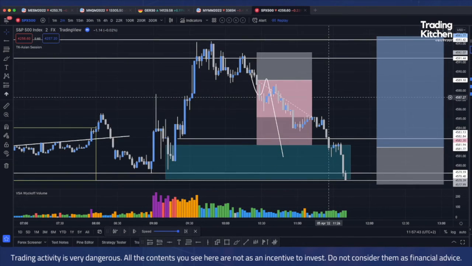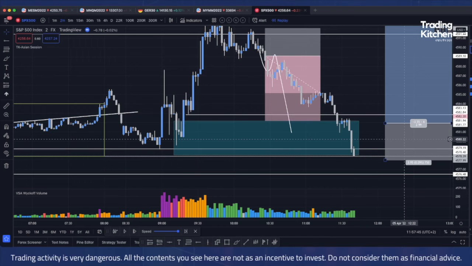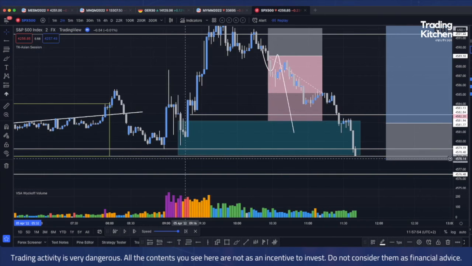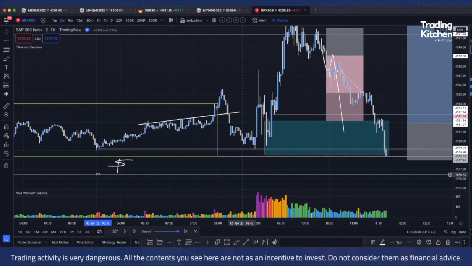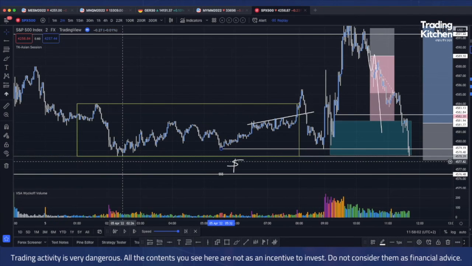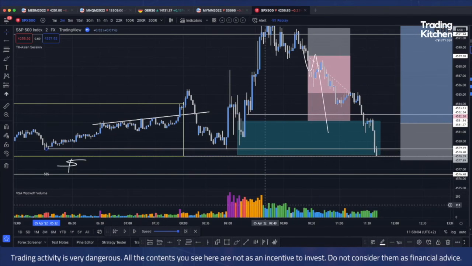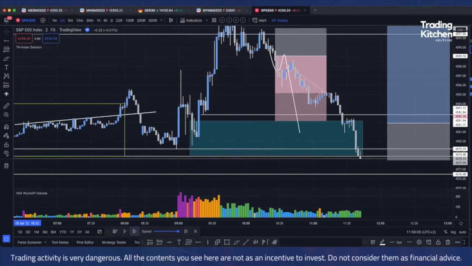So now price reached the zone. As I identified here, we have to wait now for a clear intraday pattern for going long. So this is the Asian low with a double bottom here.